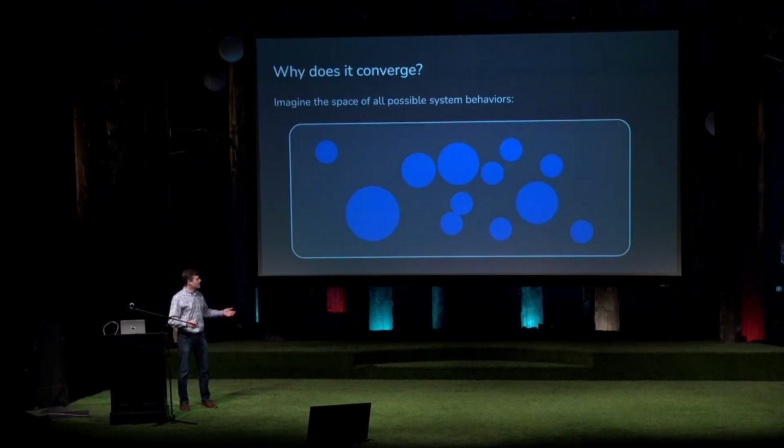OK, now I mentioned that the growth of the clusters is bounded. And this is non-intuitive, right? But try to imagine the set of all possible behaviors of your system as a 2D plane here. All these blue circles are the clusters that you've seen, which represent observed behavior, right? And the blank space between these are behaviors that you haven't observed yet, right? When a new data point comes in, if it happens to lie within an existing cluster, then great.